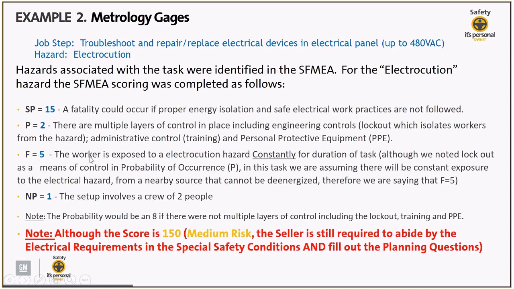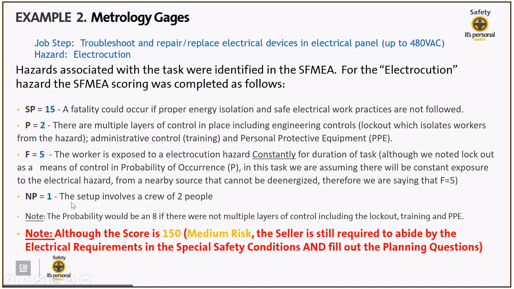Make sure you understand that, because there are different numbers that the seller can use based on the task they're doing and the hazards involved. In this one, frequency of exposure was constant because although they de-energized exactly where they were working, there are additional electrical hazards nearby that they could not de-energize. That's why they use the number 5 for constantly.